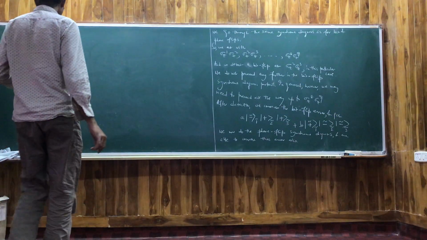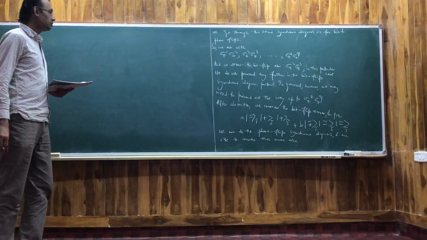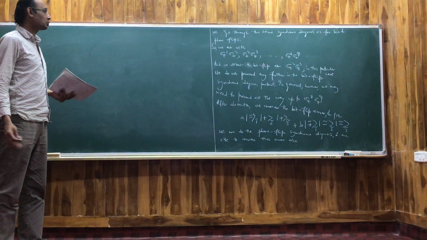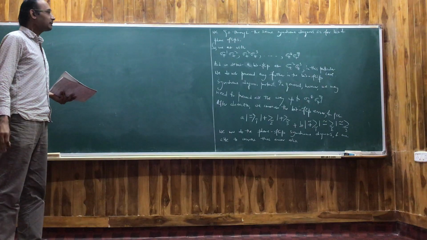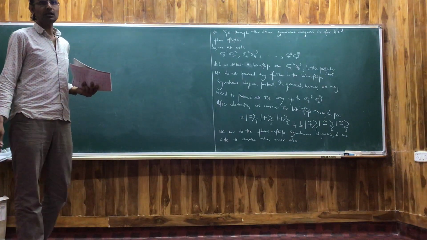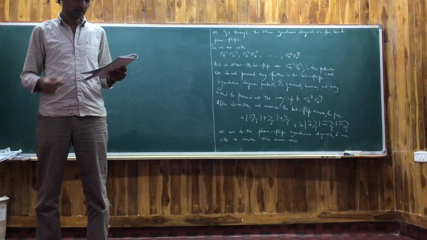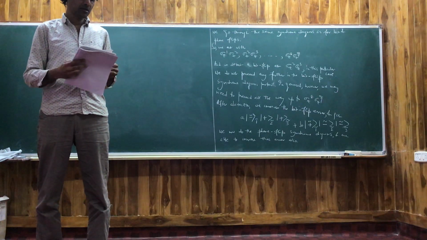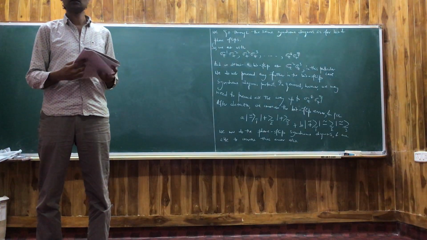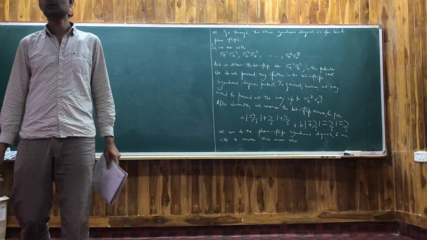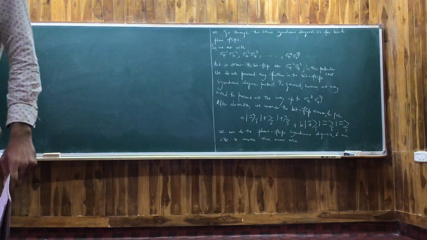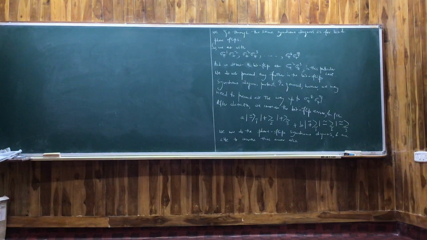So we have got protection from a type of error that we did not intend to be protected against. So even if the bit flip error occurs on some set of qubits and the phase flip occurs in some other set of qubits, will it be able to correct that type of error also? No. We are not considering those types of errors.